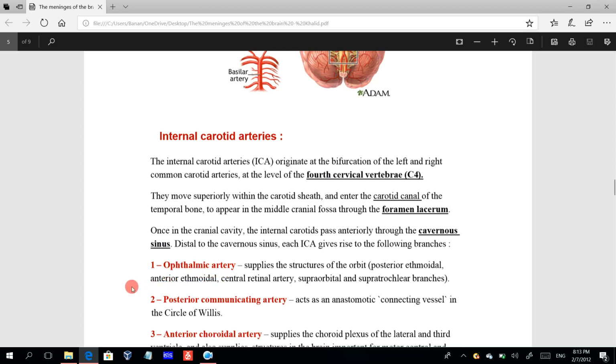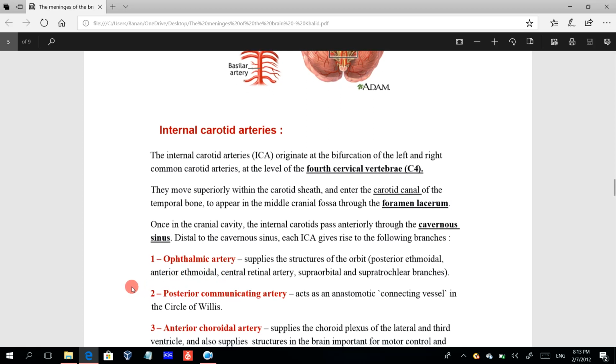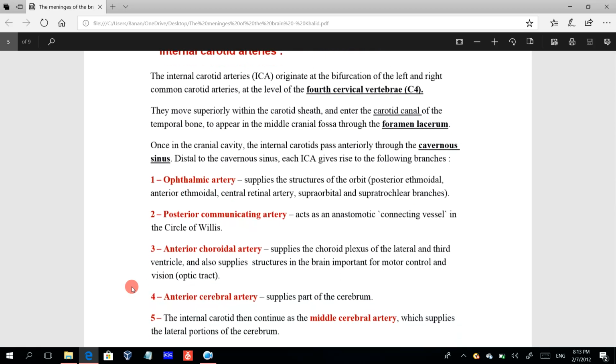The second branch of the internal carotid artery is the posterior communicating artery. And this acts as an anastomotic connecting vessel in the circle of Willis. I will show you in the next pictures this artery and its location.